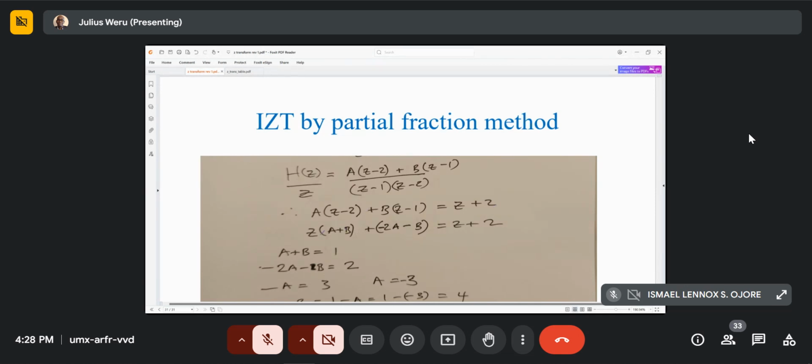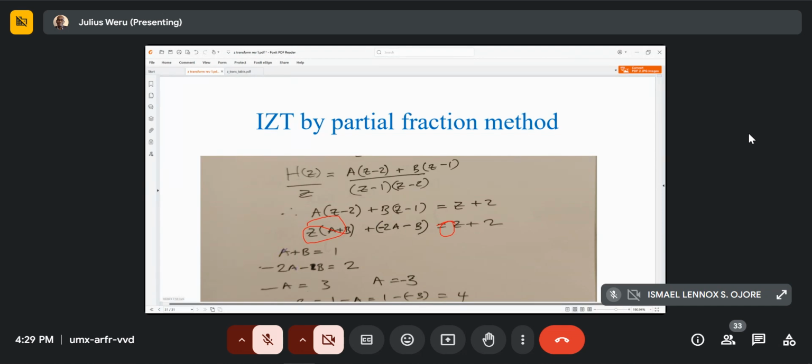You can put like terms together. The ones with Z, A Z plus B Z, gives you this, and the other one is minus 2A minus B is equal to 2. It means A plus B is equal to 1, and 2A plus B is equal to 2.